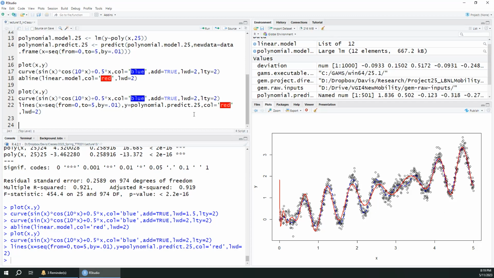And so I'm going to jump back to the whiteboard. So the next regression we're going to look at is known as piecewise regression.